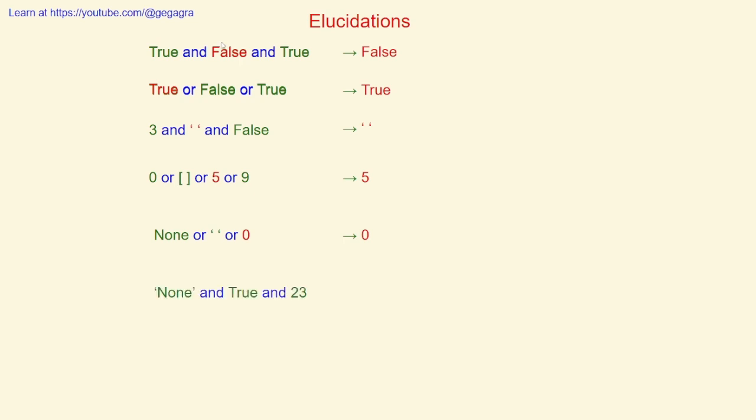In this expression, there is no false value. None is not a false value, 2 is also not a false value, and that is why it should return the last value, which is 23, as the output.